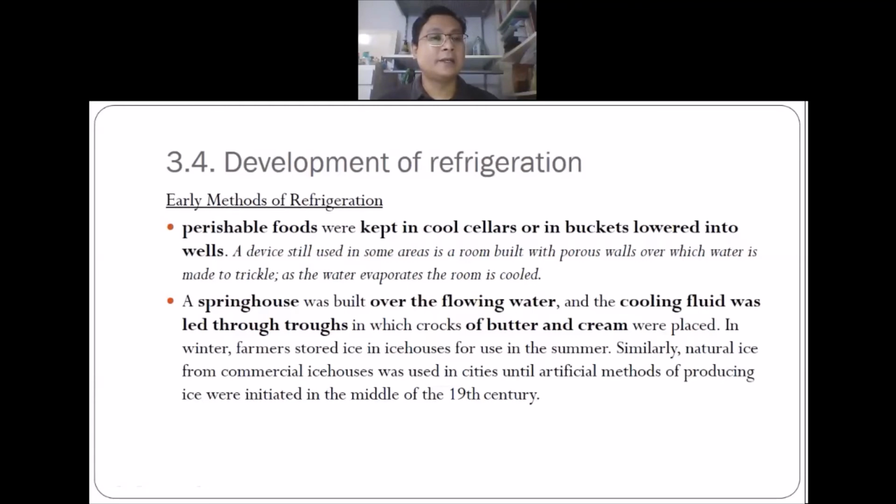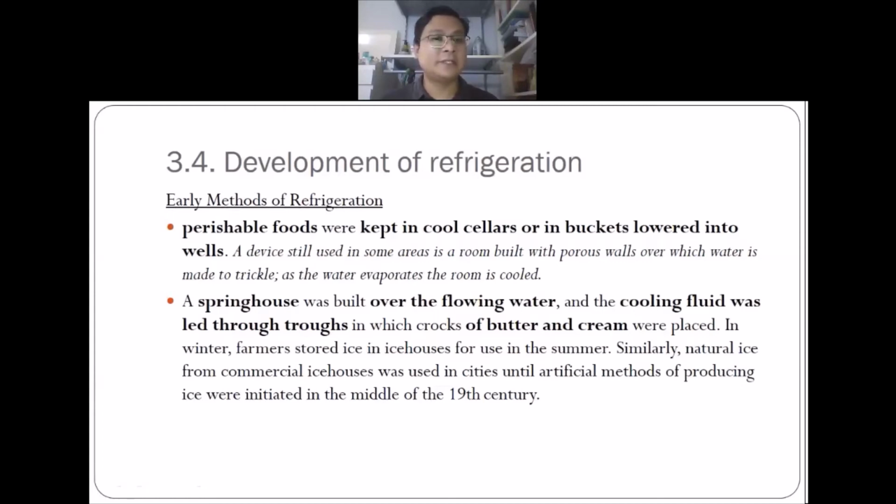And then the second method to keep food fresh is the spring house system. It was built over flowing water, and the cooling fluid was let through it, in which crocks of butter and cream were placed.